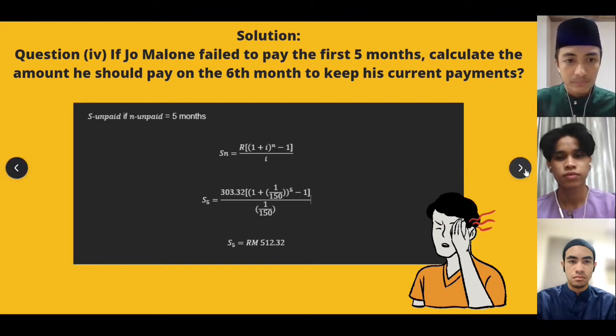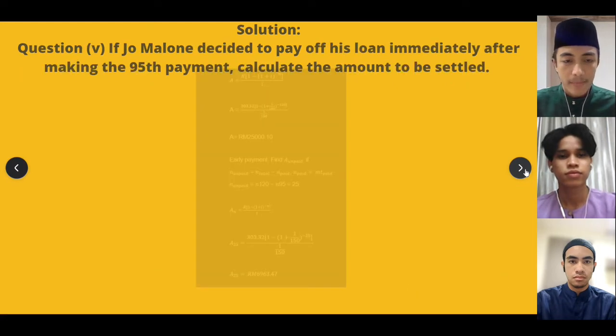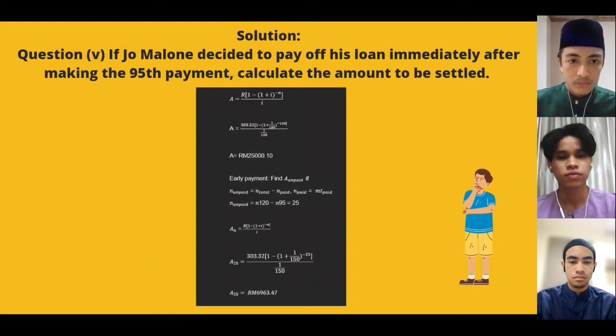Next up, the final situation, which is if Joe Malone decided to pay off his loan immediately after making the 95th payment, calculate the amount to be settled. First off, we need to find the A. We are using this formula.